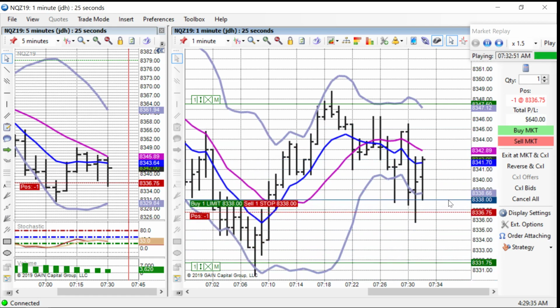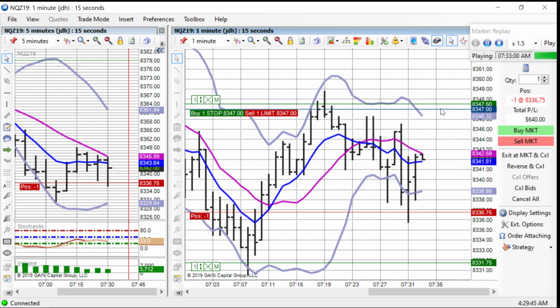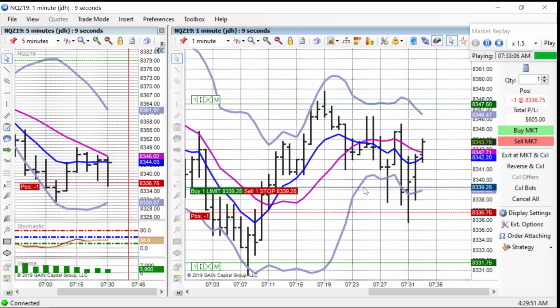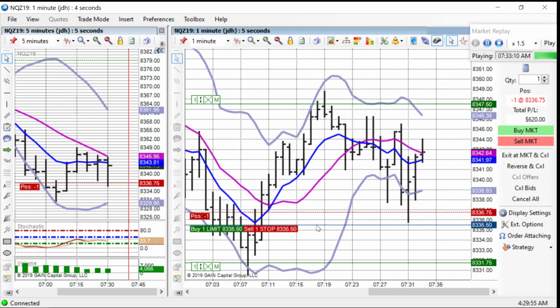And the tremendous risk that I'm looking at here. So 1, 2, 3, 4, 5, 6, 7, 9, 10. So that's around $210 risk I'm taking on that stop loss.